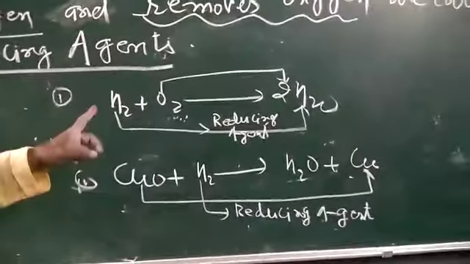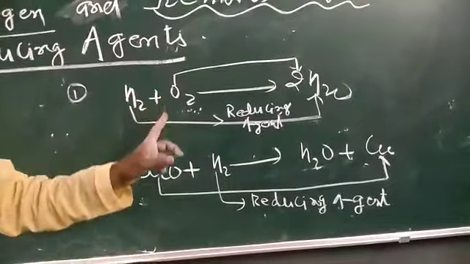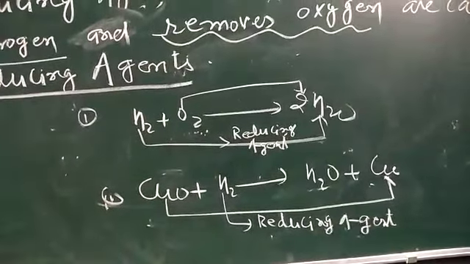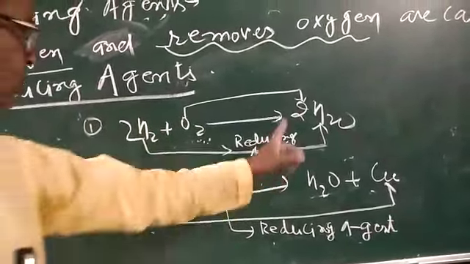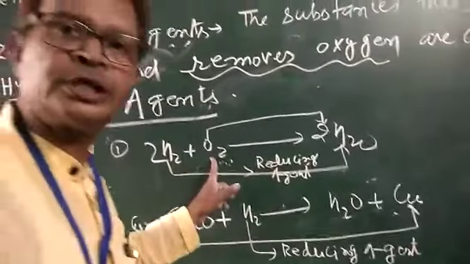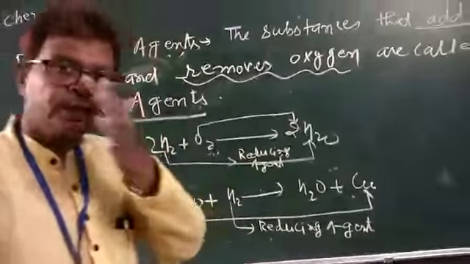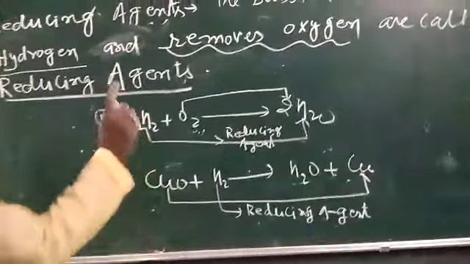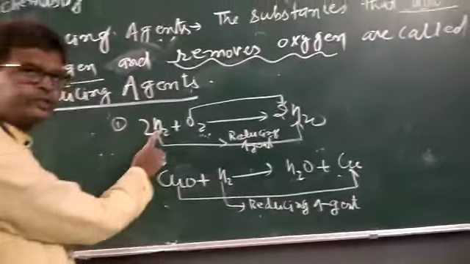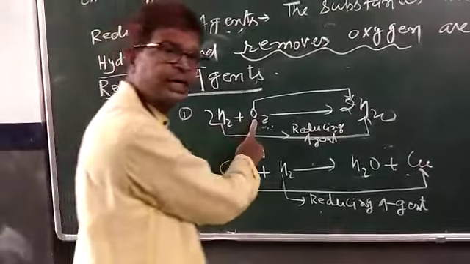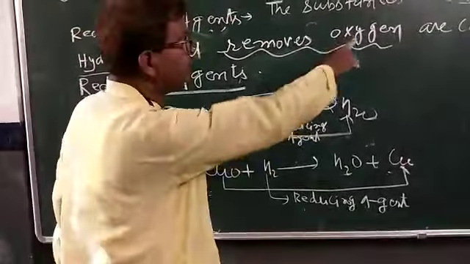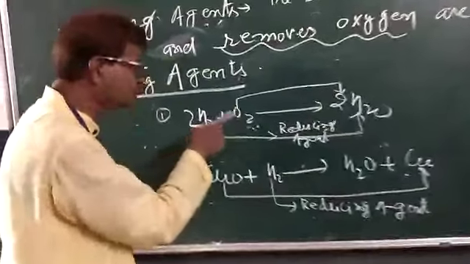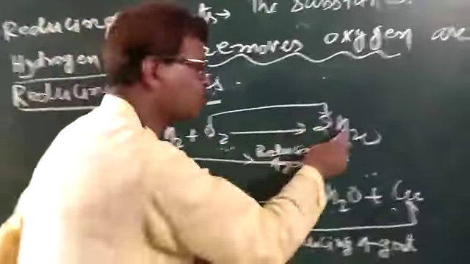See the first one. H2 reacts with oxygen to get water. In the first reaction, H2 is added. Just try to understand the addition of hydrogen. In the first reaction, H2 is added to oxygen to get water.